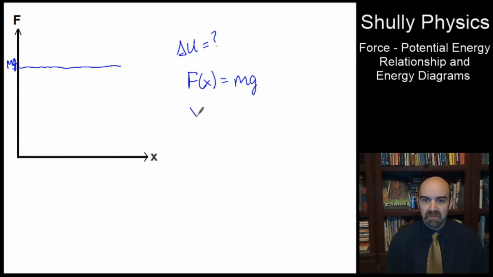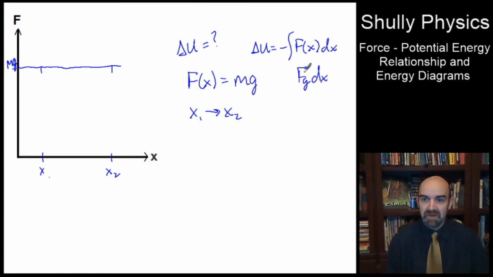And if we go from some x1 to x2, here's x1 position, we're going to some x2 position. Now we're going to lift it up from near the bottom of the hill to the top of the hill. What's the work done, but also what's the change in potential energy going to be? Well, change in potential energy is a negative F of x dx. This is just the area underneath the constant gravity curve. Since gravity is not distance dependent, it's going to be a constant.